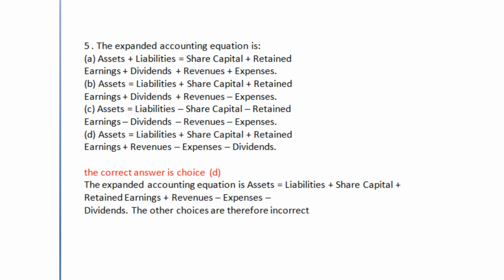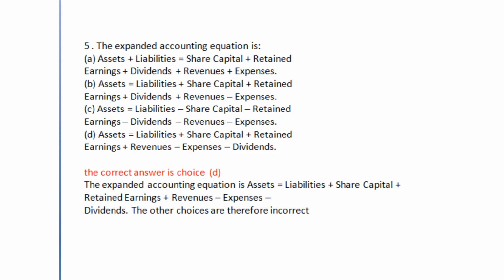Question 5. The expanded accounting equation is A. Assets plus liabilities equals share capital plus retained earnings and dividends and revenues and expenses. B. Assets, share capital plus retained earnings and dividends.